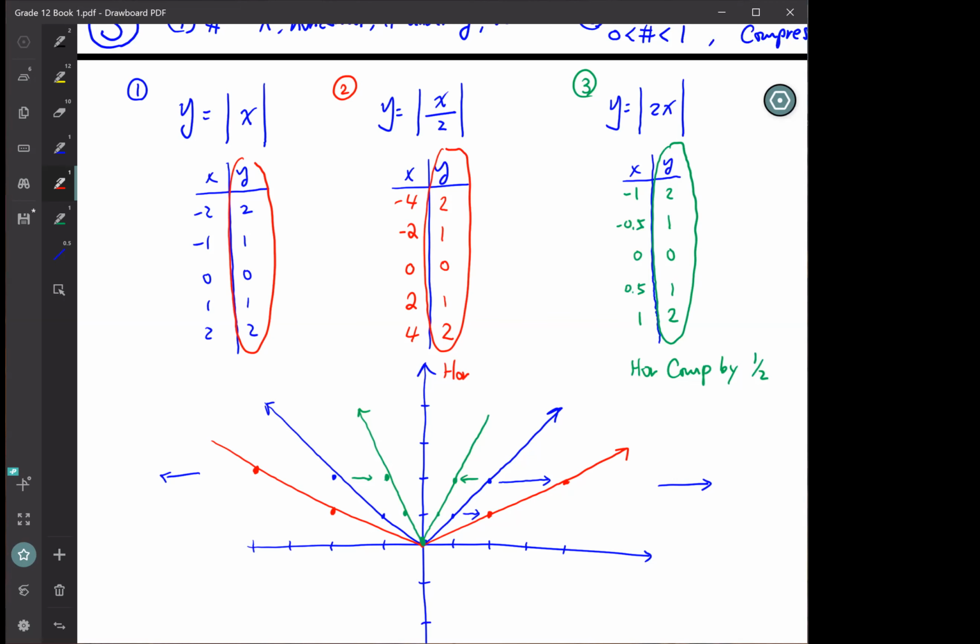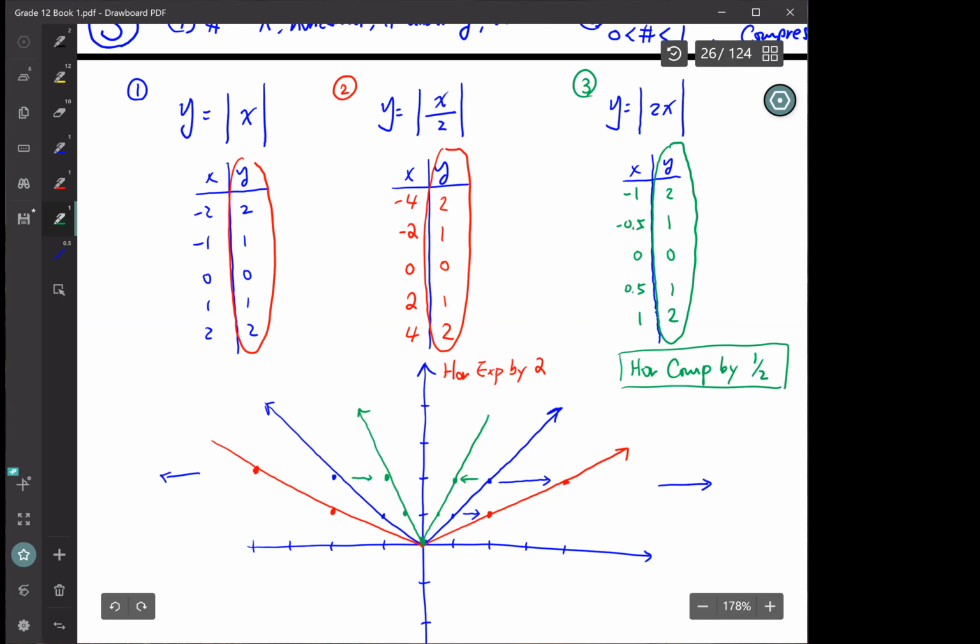Yeah, or you can look at the table, right? The x value, you compare with the original, the blue one. It's double, right? So it will say horizontal expand by what? 2. Yeah, very good. So now we got the story down, right? So we have the green story, and we also have the red story.